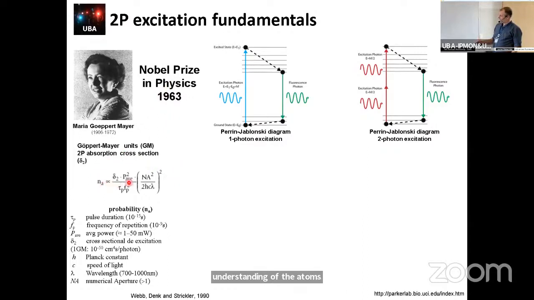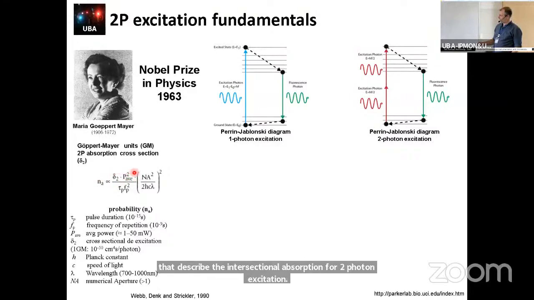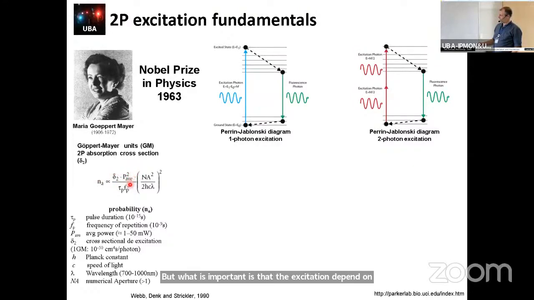I am not going into the details of the formula that describes the absorption cross-section for two-photon excitation, but what is important is that the excitation depends on the square of the power of the laser that you are using, and also on the frequency.